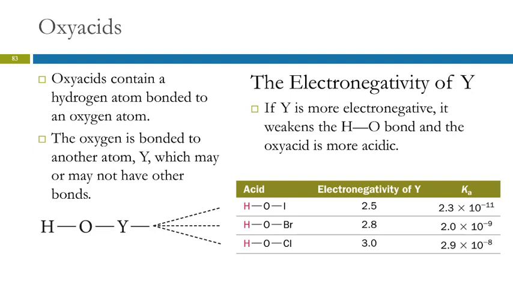Then we have oxyacids. In an oxyacid, the hydrogen is always bonded to an oxygen. It's never bonded to the other element, like the sulfur or the nitrogen. It's always bonded to the oxygen. And so we do have this polar bond here.